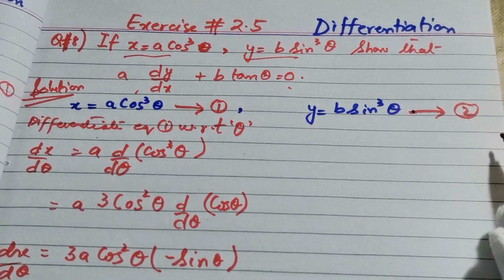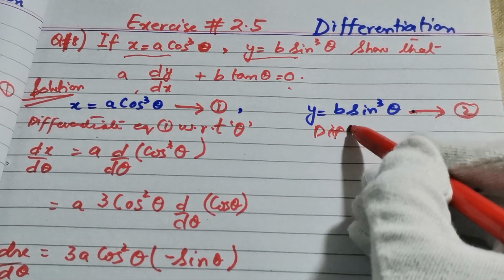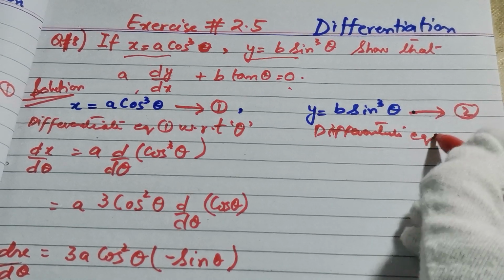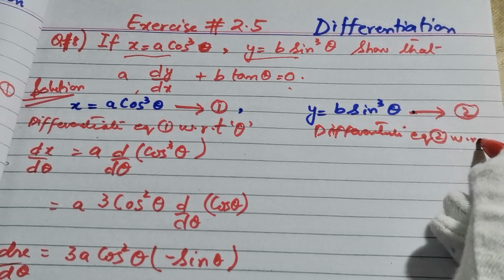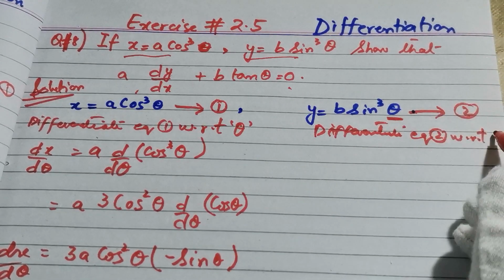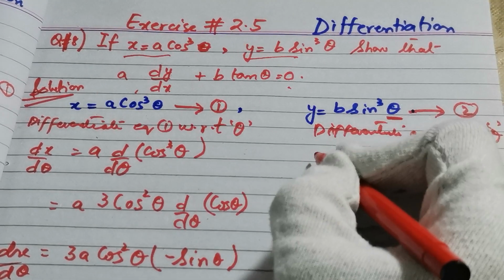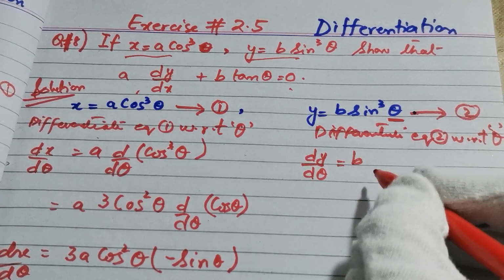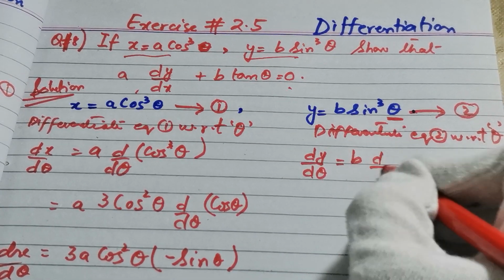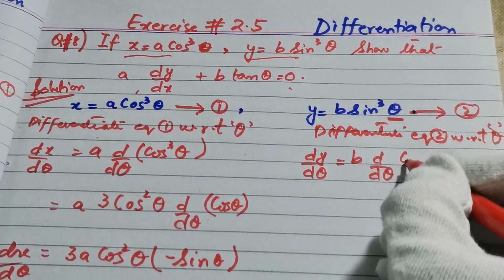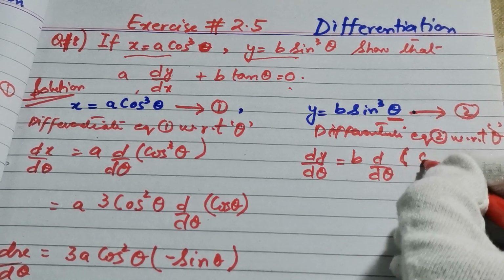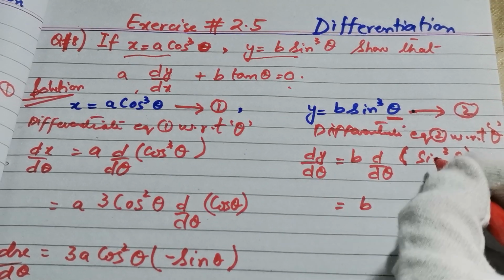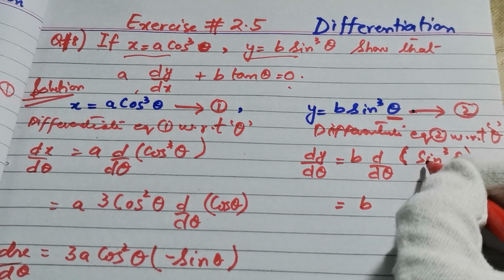Now differentiate equation 2 with respect to theta. dy by d theta is equal to b is constant, d by d theta of sin cube theta. We apply the power rule.